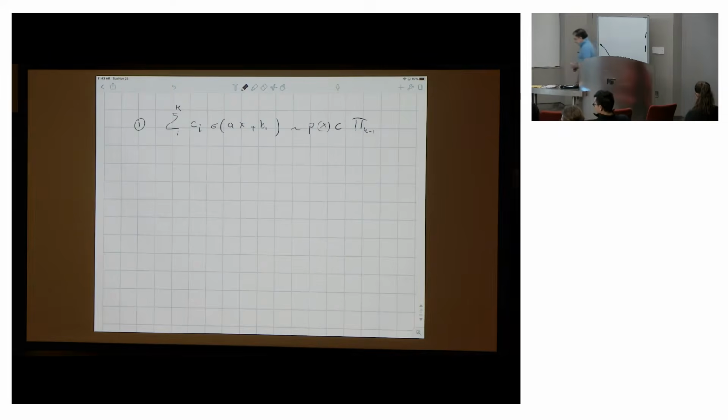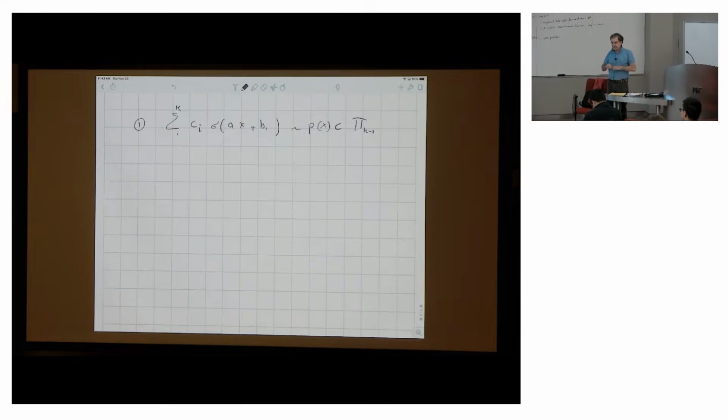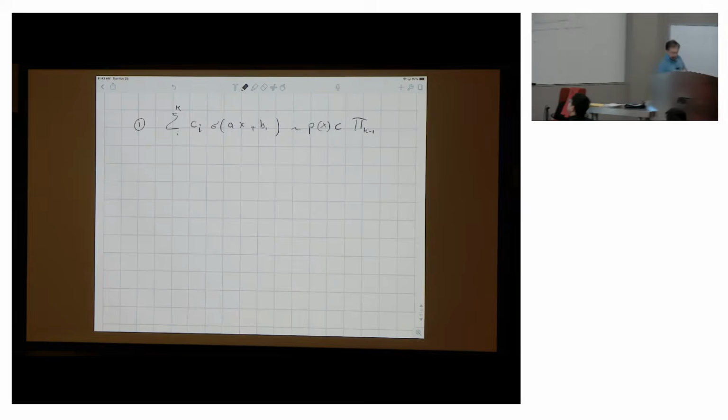This basically says that with k units in a shallow network, I can represent exactly, or approximate, any polynomial of degree k minus 1. I think that's a key part of the proof.